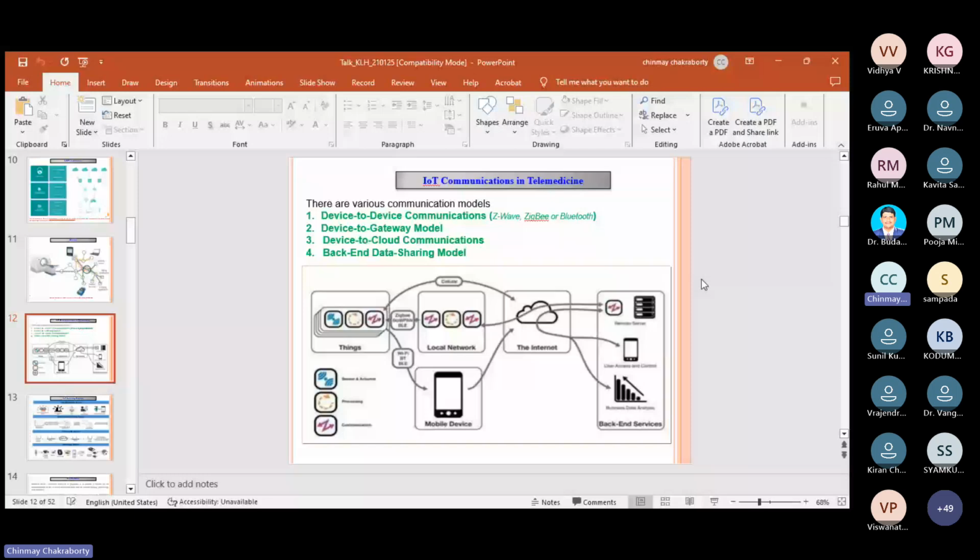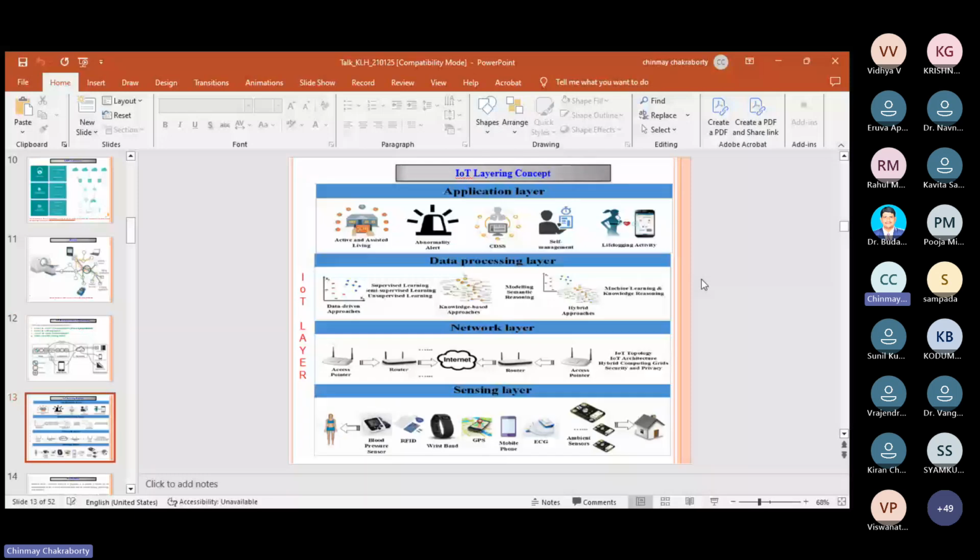More precisely, in this structure, one is the sensing layer. Sensing layer means we are acquiring the data from the patient's body, and this data is processed through several routers or intermediate devices, or the topology architecture. So many things are there. Then this is the internet layer, and the upper layer is the data processing layer.